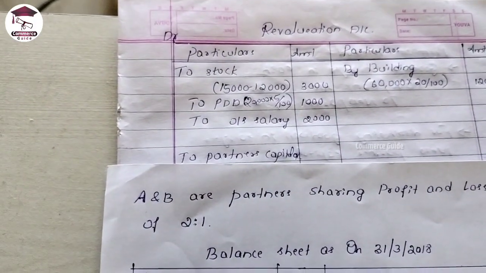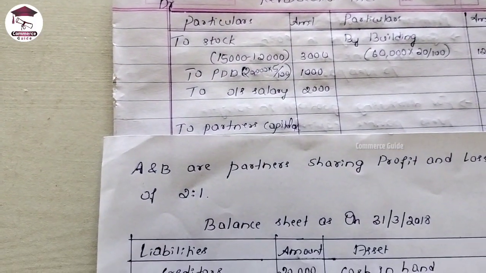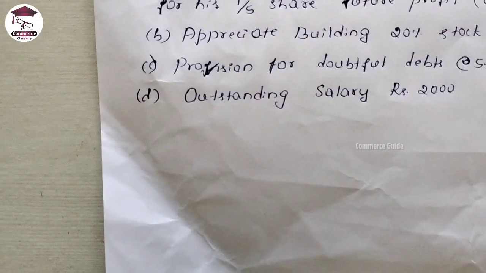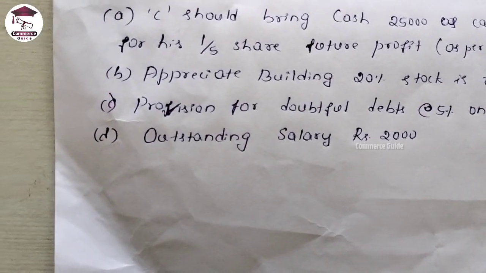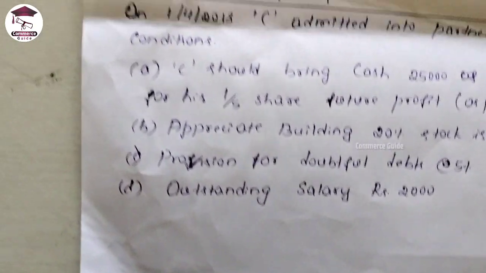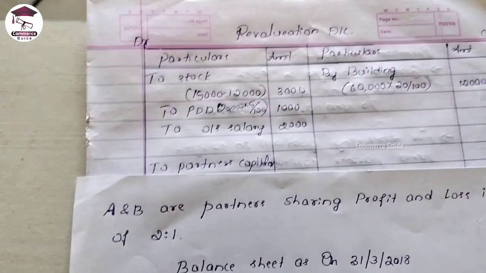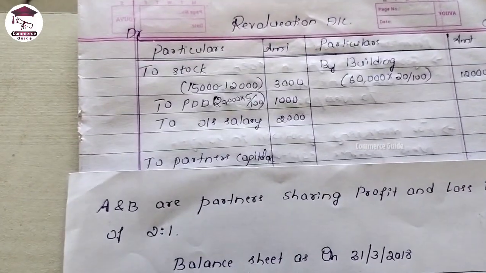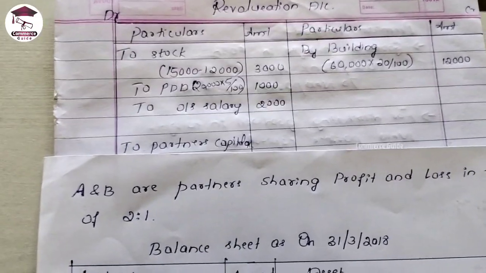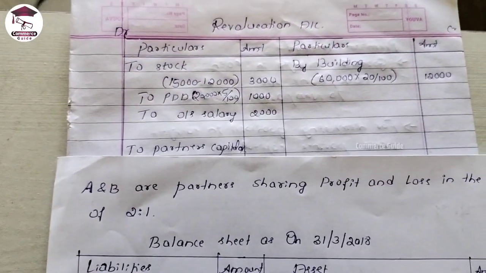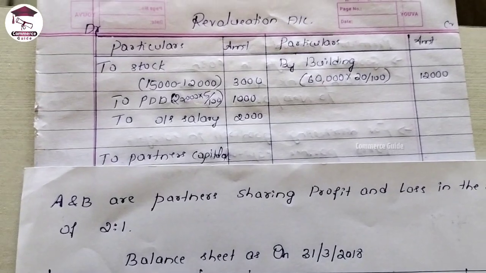So to PDD, 20,000 into 5%, that is 1,000. The next adjustment is outstanding salary rupees 2,000. It will come under the debit side, to outstanding salary 2,000. Only these items will come under the revaluation account in this problem.